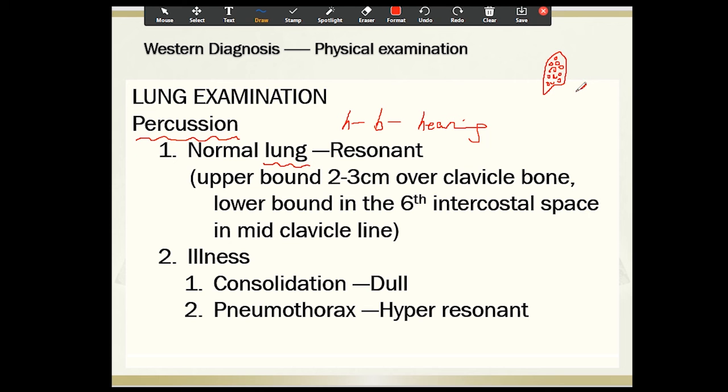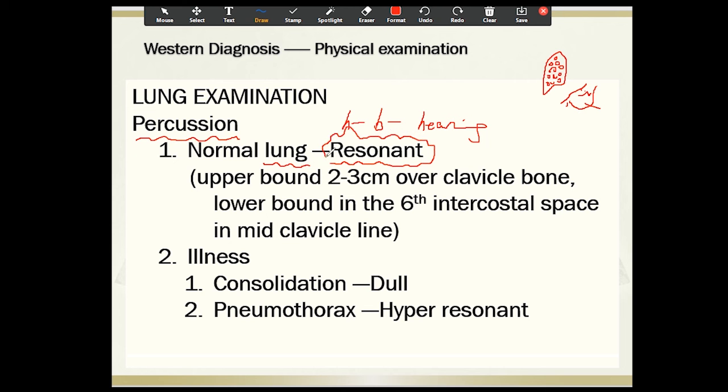You can compare with your stomach. The stomach sound, especially the upper part, is truly air in there, no tissue, so it's a more hollow sound. For the lung sound, it's half hollow, half dull, and we give it a special name, resonant. Yeah, resonant sound.